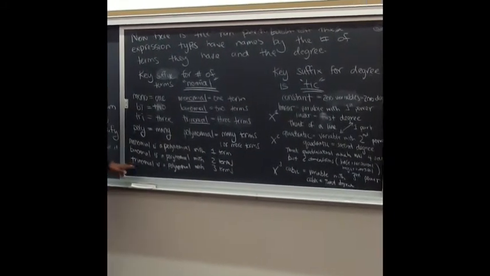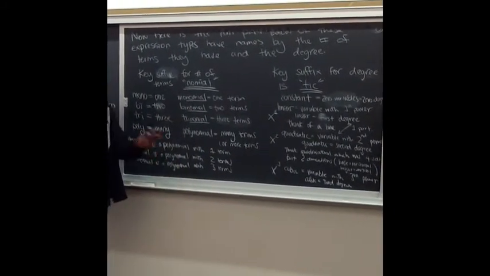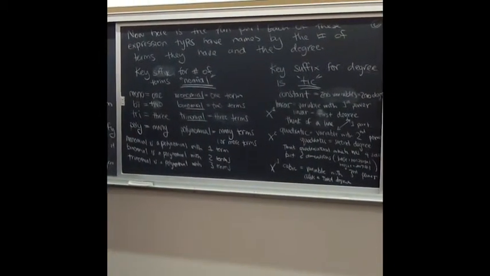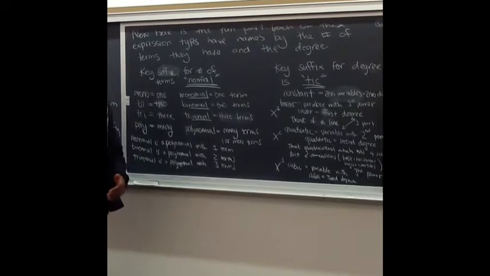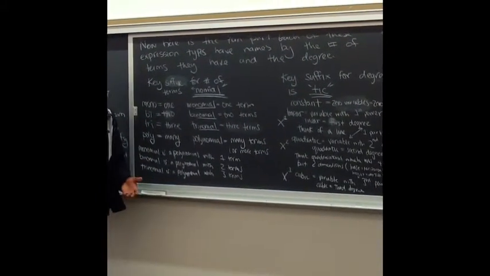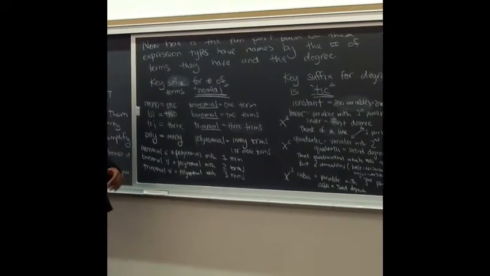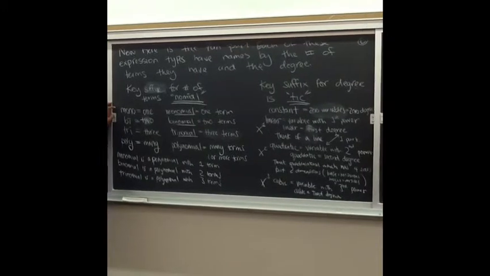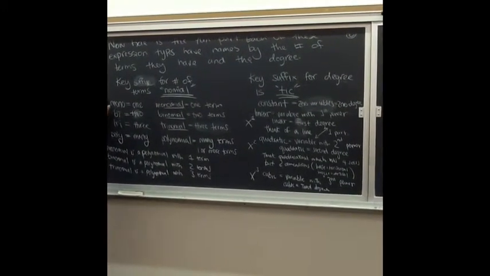We can say a trinomial is a polynomial with 3 terms. And we're specifically naming this by the number of terms that it has. If it has 4 terms, we're going to call it a polynomial for the sake of generalizing anything above 3 terms.